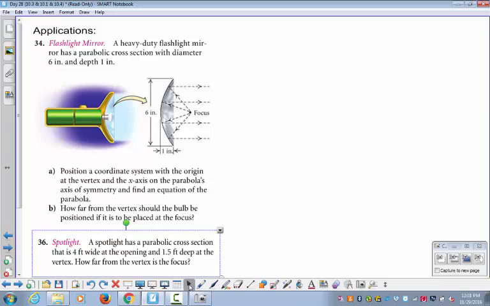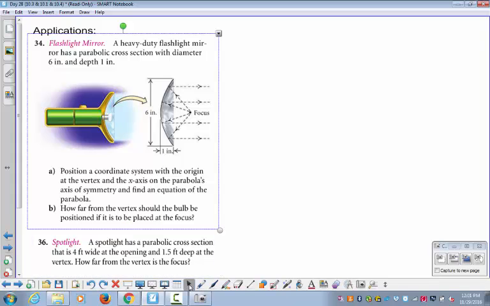And the first question, well, first it says put a coordinate system on there. But our question is, how far from the vertex should the bulb be if it's to be placed at the focus? We want to figure out how far the bulb should be from this parabolic lens that's going to reflect the light.